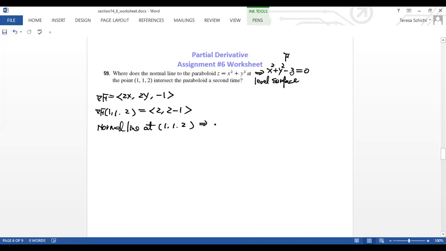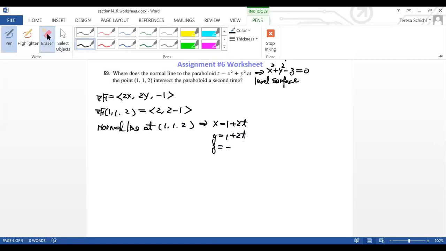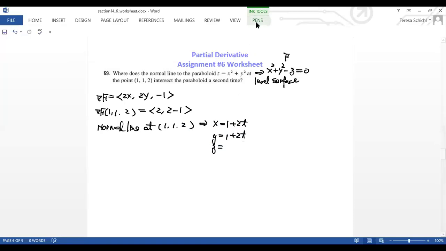So I can write down the line: x is 1 plus 2t, y is equal to 1 plus 2t, and z is 2 minus t.